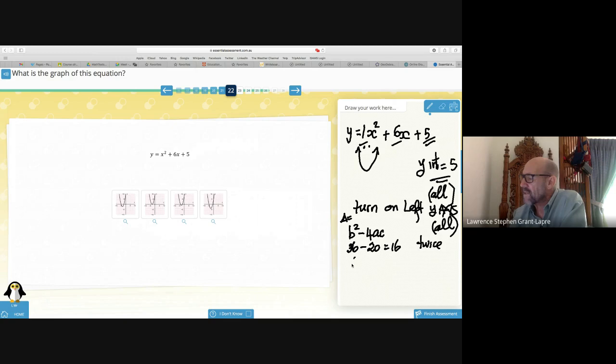So let's factorize this. Find the x-axis intercepts. It'll cross the x-axis at -5 or -1.